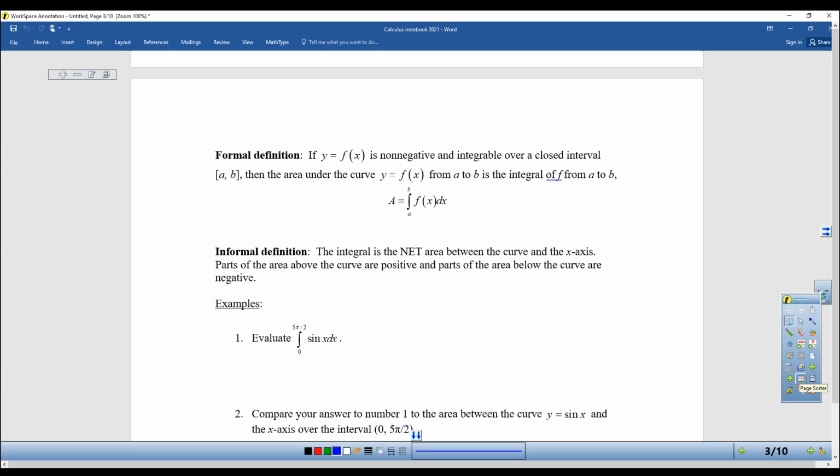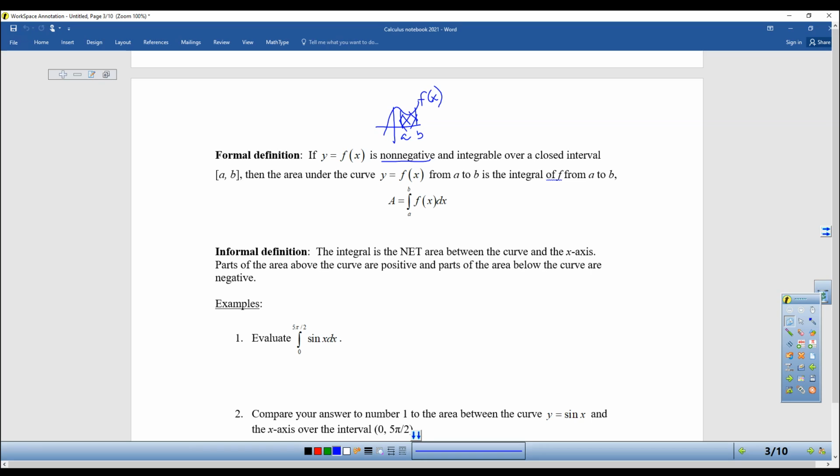All right, formal definition. If y is equal to f of x is non-negative, so again, that means it's above the x-axis, and integrable, so I'm able to integrate over a closed interval from a to b, then the area under the curve y is equal to f of x, from a to b is the integral.